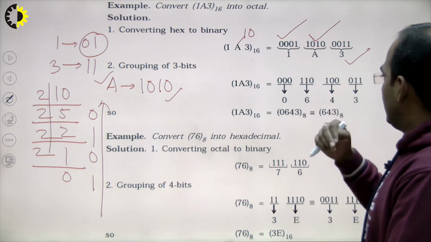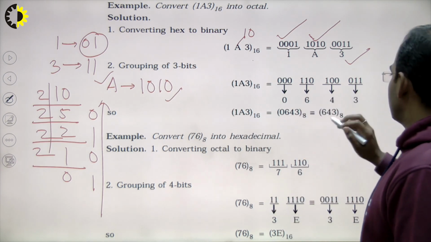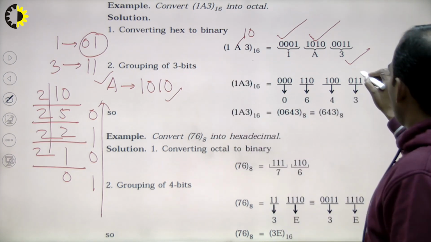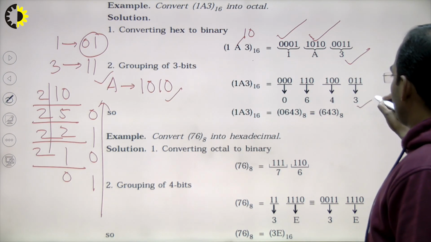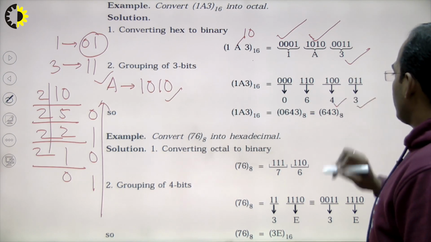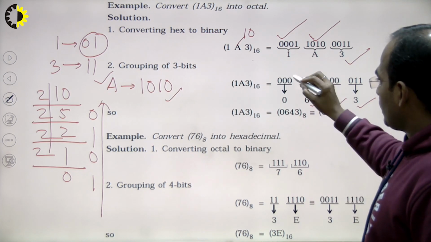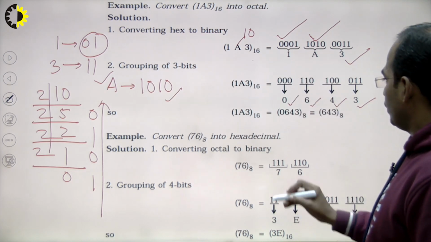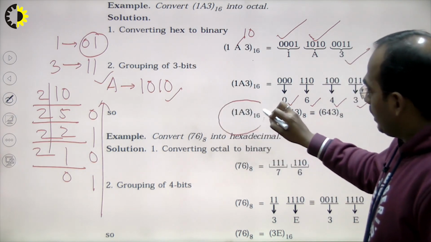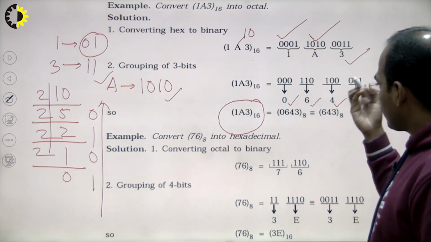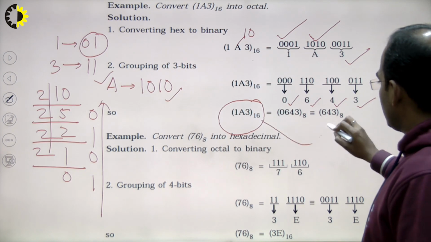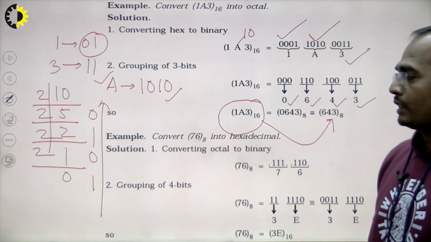Now you have to find the decimal equivalent of these digits. 011 is equivalent to 3, 100 is 4, 110 is 6 and 000 is 0. So, the octal equivalent of 1A3 at base 16 will be 643 at base 8.